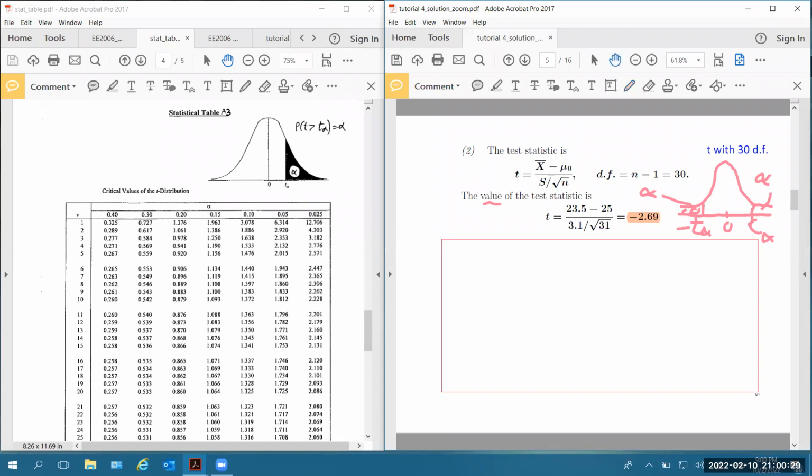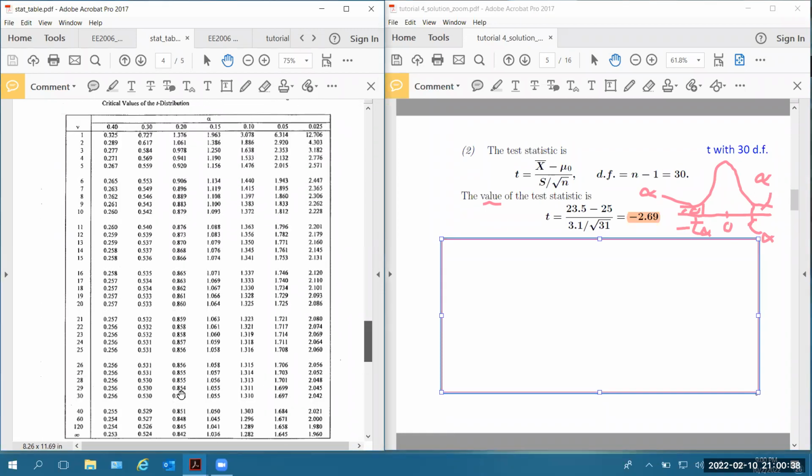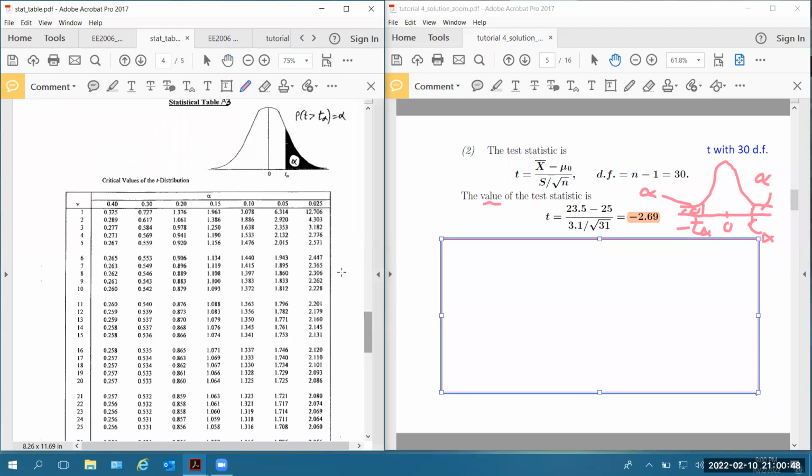All right, so if we go and look at these, our degrees of freedom is 30, right? And you can see 30 is here. Now this is our table, right? As you can see, degrees of freedom 30. And then your alpha here is 0.01, right? Oh, it's not here.